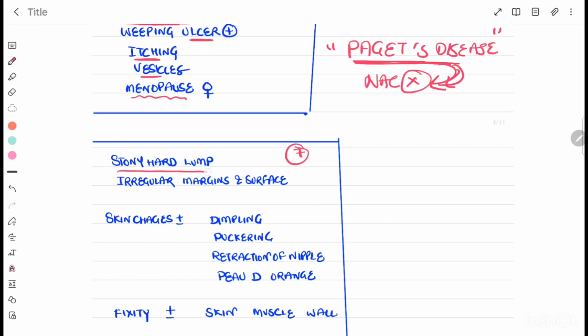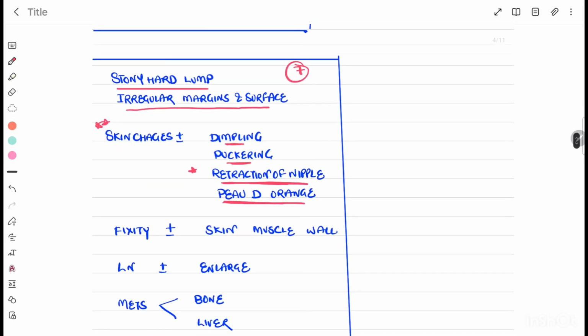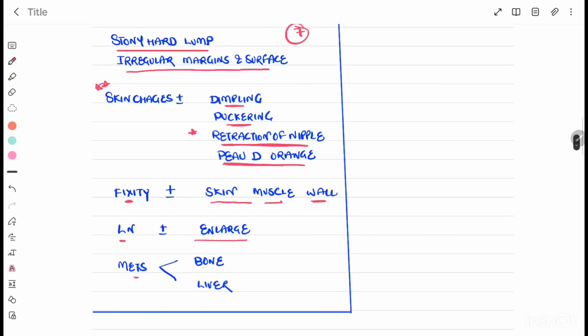So there will be a stony hard lump with irregular margins and surface, and there can be skin changes which include dimpling, puckering, retraction of nipple, and peau d'orange appearance. With fixity to skin, muscle or chest wall, there can be involvement of lymph nodes, and there can be mets to bone and liver. So there can be a history of back pain, hip pain, and there can be an abdominal lump in the right hypochondrium.